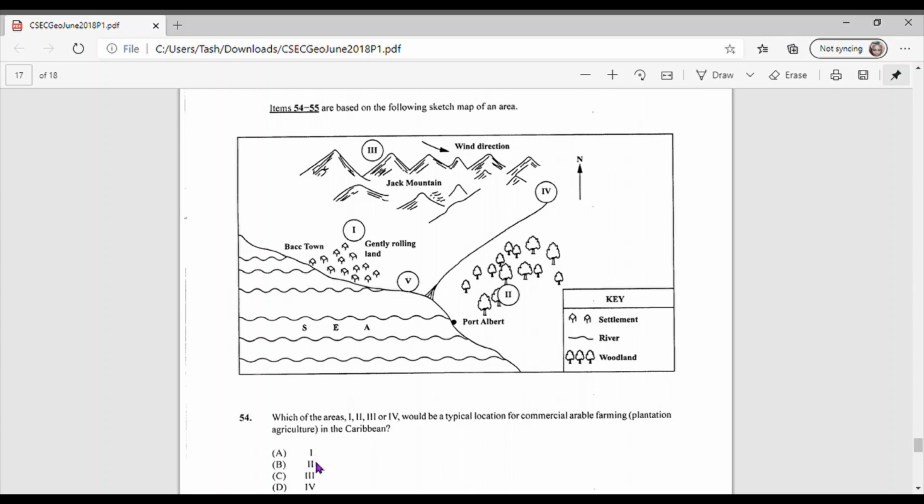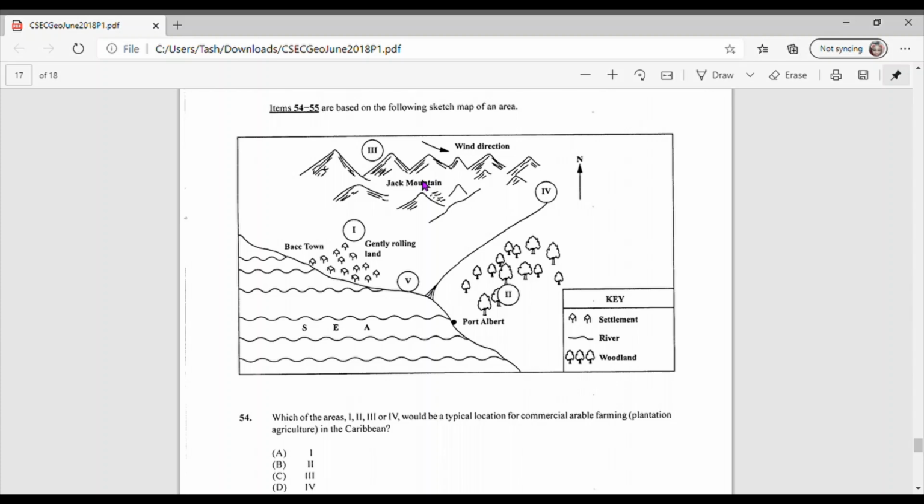So the options are 1, 2, 3, or 4, and we're looking for areas, typical location for commercial arable farming. So at 1, it has flat land, it is at a settlement. 2, it's at a forested area and it is close to a port. 3, it is in the mountains. So the mountains would certainly be out because it is commercial farming.